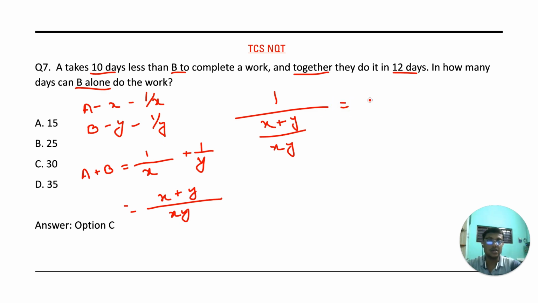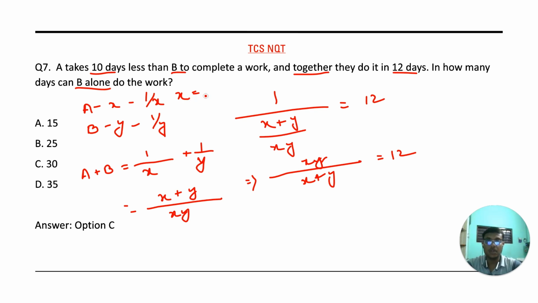So we can equate it like this: A and B can together do the work in how many days? This gives XY by (X plus Y), and this is equal to 12. Also, it has been said that A takes 10 days less than B to complete a work.